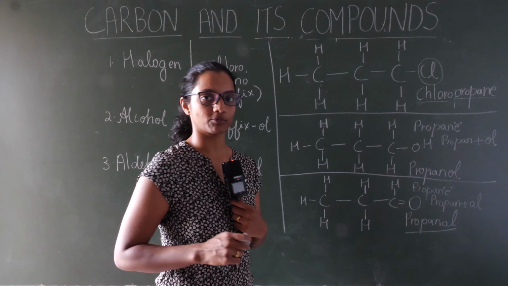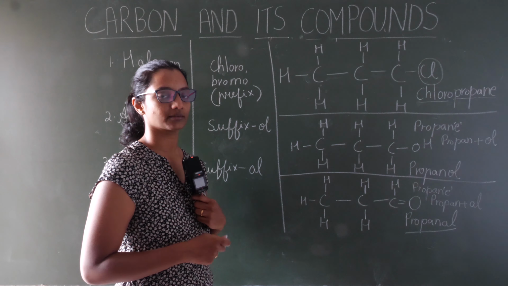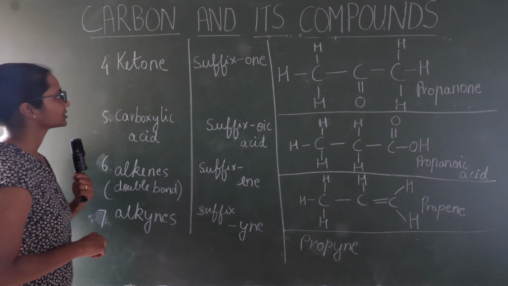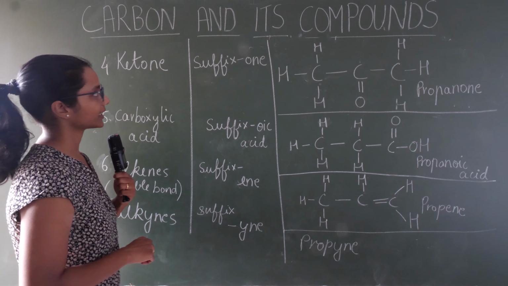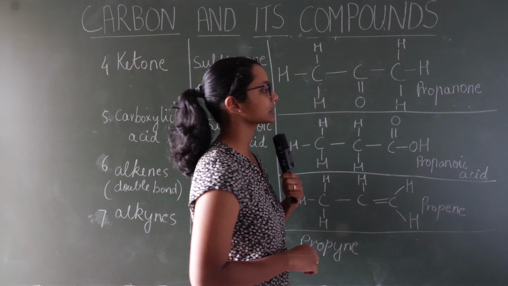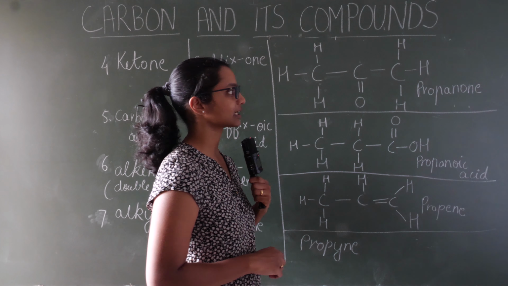Let's have a look at some more examples. You all will get in-depth understanding. The functional group ketone attached as a suffix. Firstly, start counting the number of carbon atoms, which is 3. So it's propane, it's single bond, saturated carbon compound.